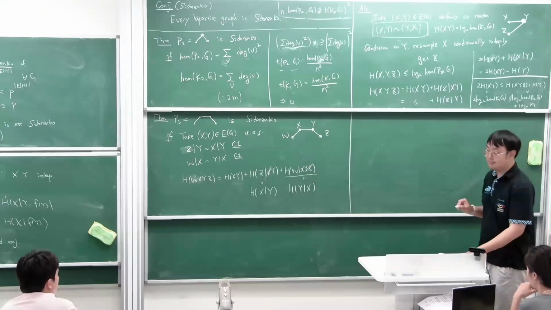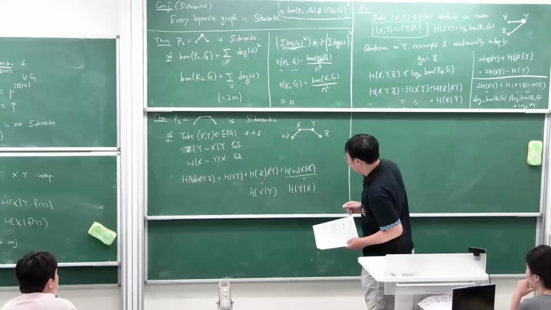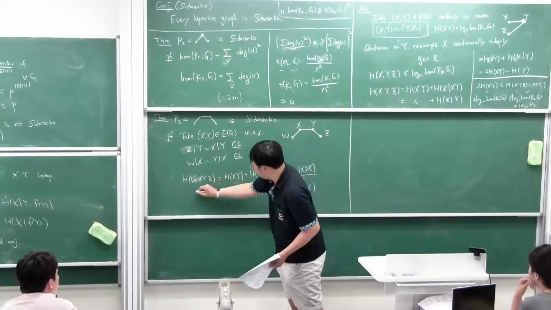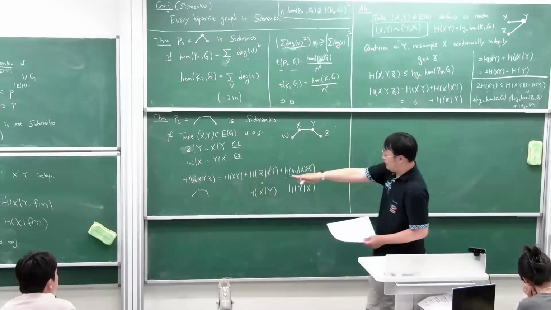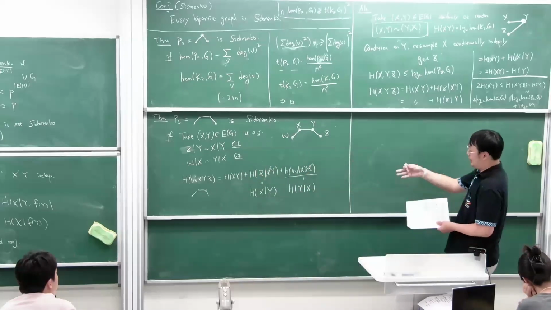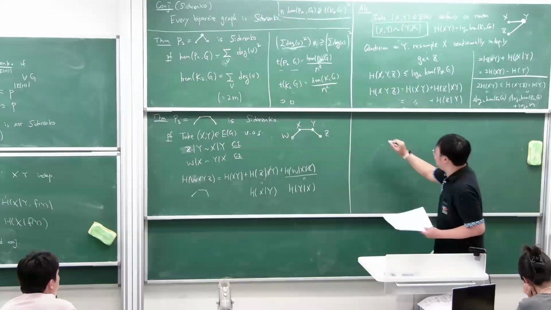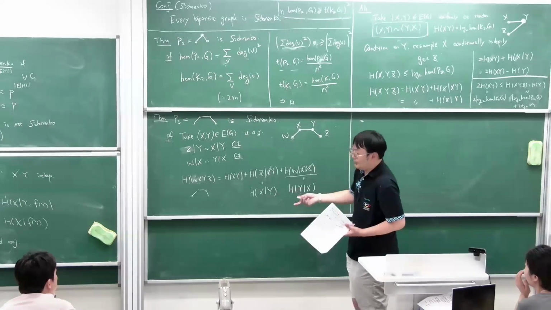So far, so good. Okay, so let's finish the calculation. Now we successfully write this entropy of a P3. In your mind, you should always think of these four variables as a P3. You write the entropy of a P3 in terms of the entropy of X and Y, X condition Y, Y condition X, and so on. So you could rewrite this one as the entropy of an edge.